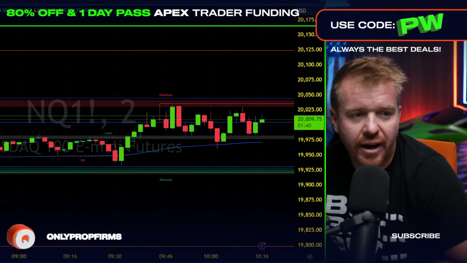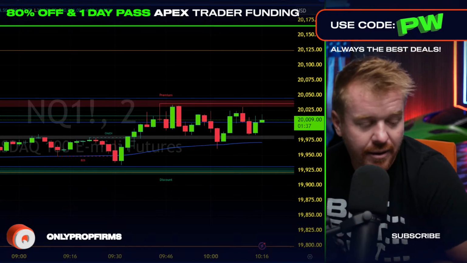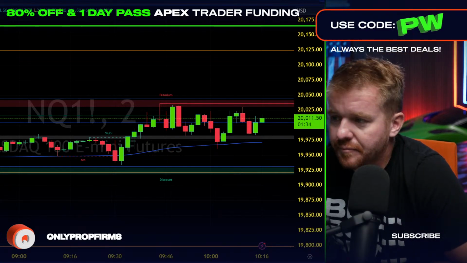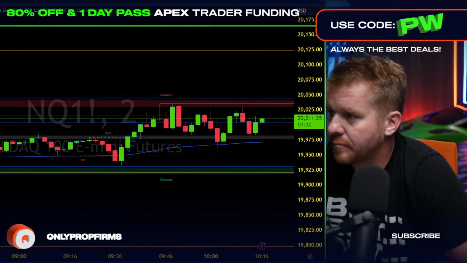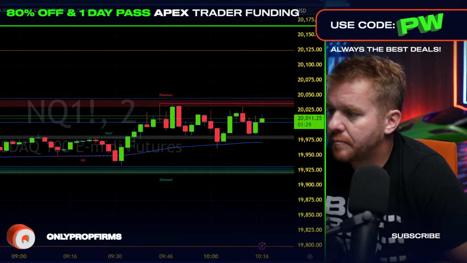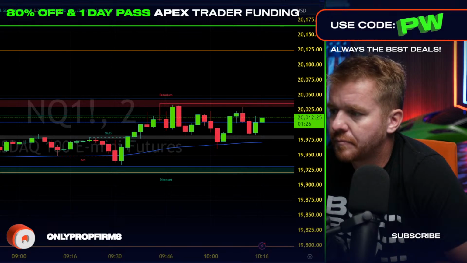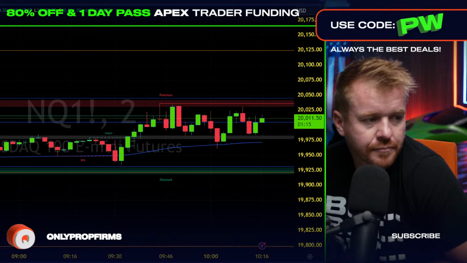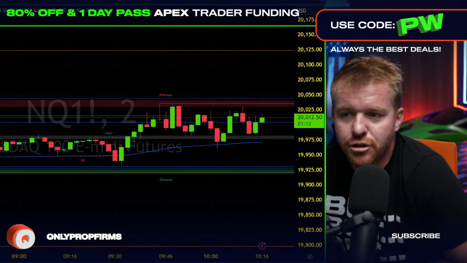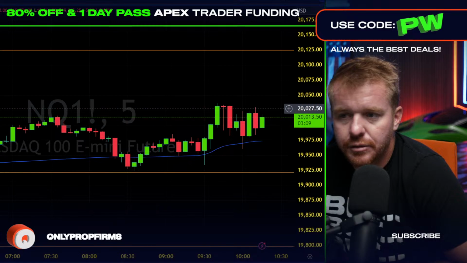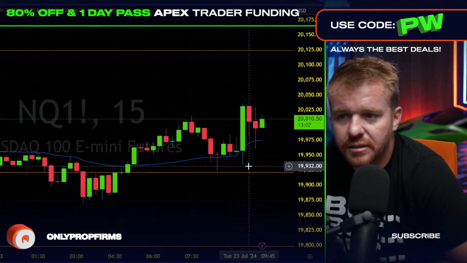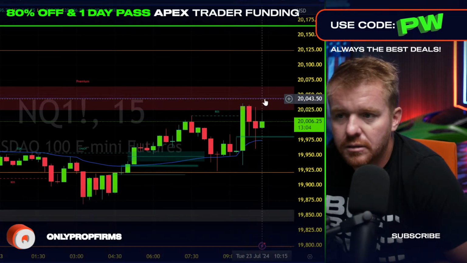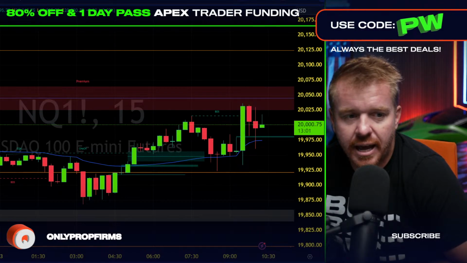They break out through that 25 level. I don't see how this doesn't go to the 40s, but I've been wrong before. Right now we're looking at the 2-minute chart. 2-minute chart, 5-minute chart getting tight, the 15-minute chart. Idea of trying to run through the 40s next.